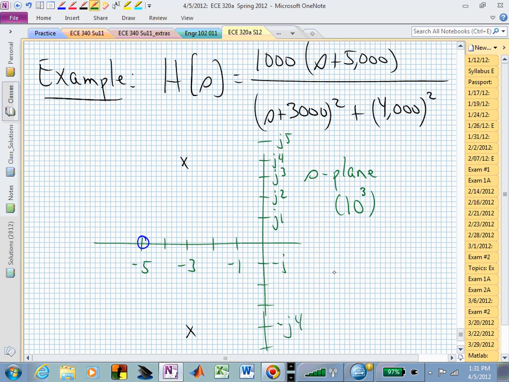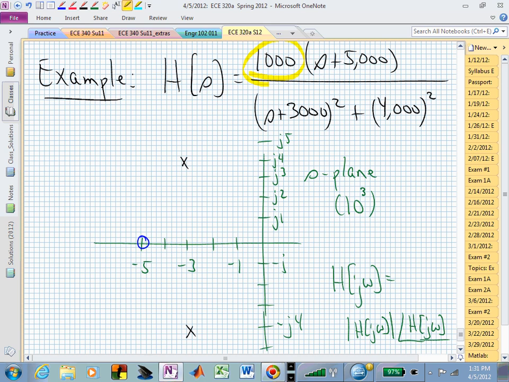And I would like to be looking at this h of j omega, which is a magnitude and an angle. Now, don't forget when you're computing the magnitude, don't forget that gain that is there also.